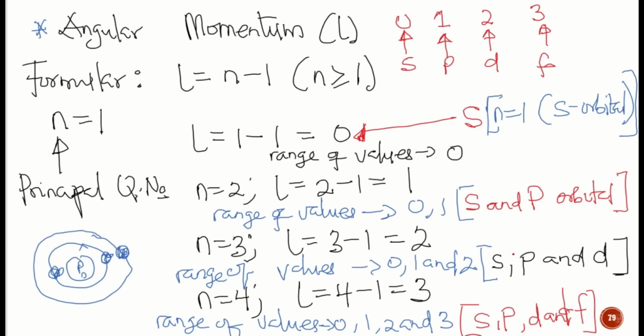If n is 4, I'll have 4 minus 1, which will give me 3. My range of L values becomes 0, 1, 2, and 3. The orbitals become s, p, d, and f. So that is how you find the sub-levels within an angular momentum.